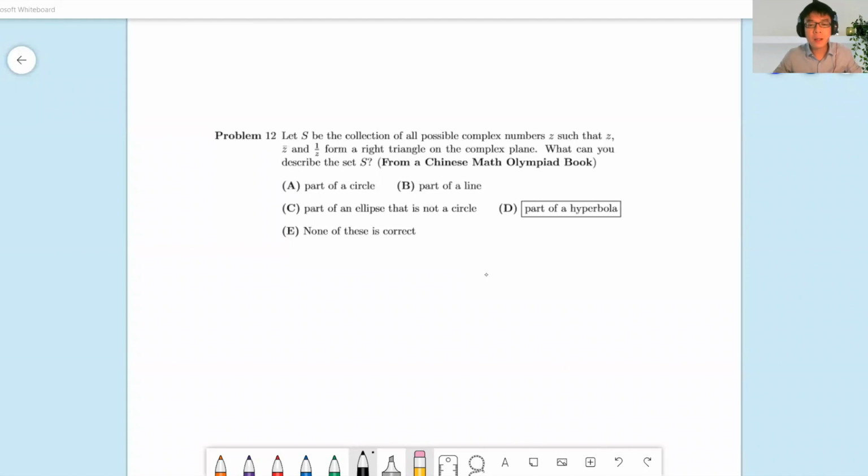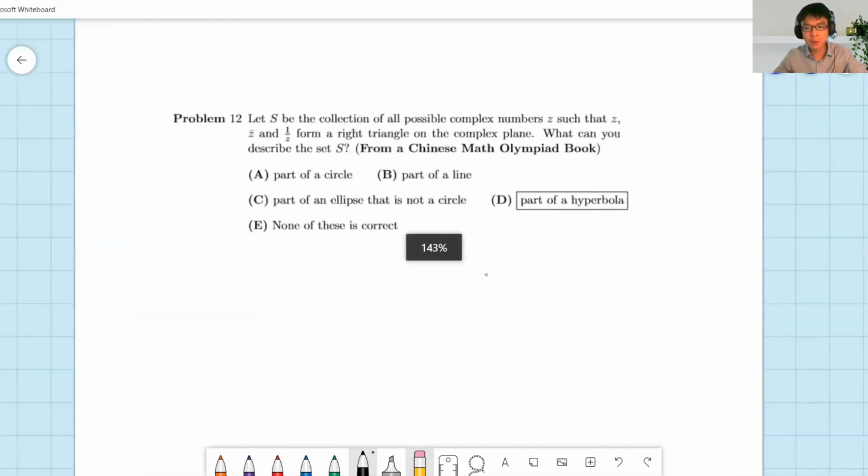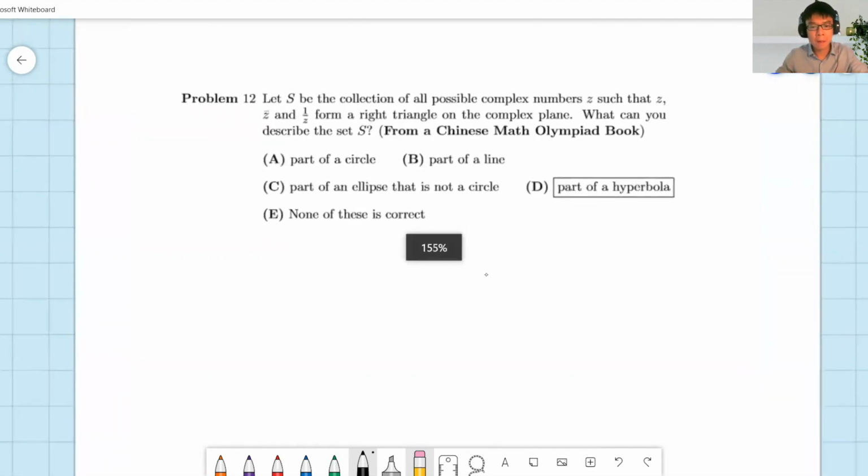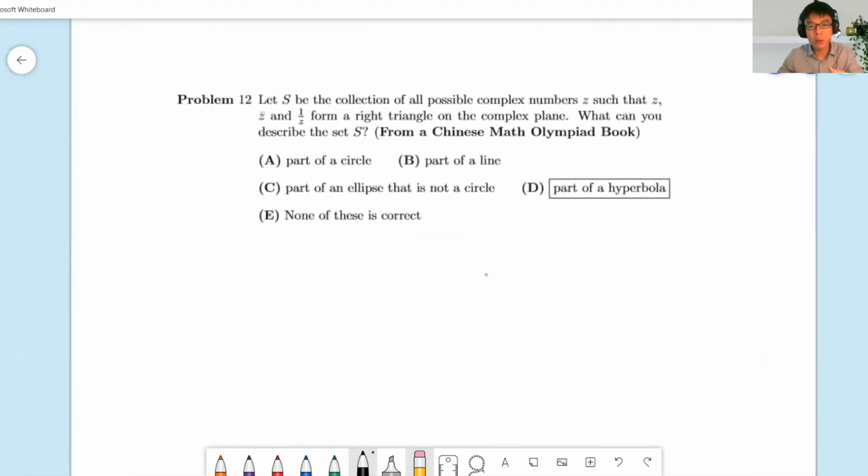Question 12. Let S be the collection of all possible complex numbers Z such that Z, Z conjugate, and 1 over Z form a right triangle on the complex plane. So what can we say about this set of Z? We try to use this right triangle and find some requirement for Z. Let's assume Z is expressed as a plus bi, and accordingly Z conjugate equals a minus bi.